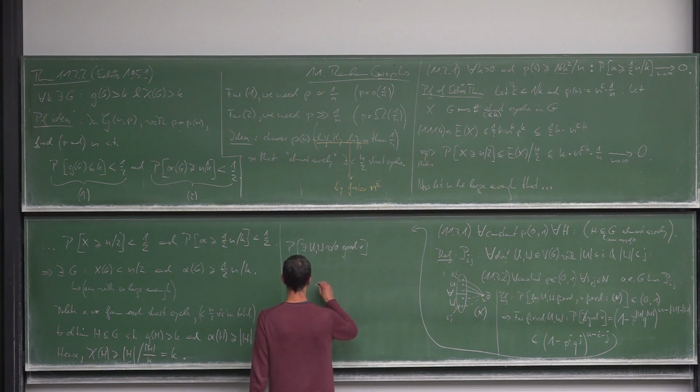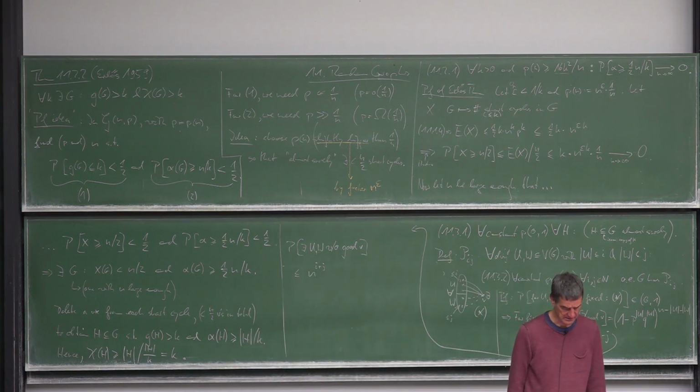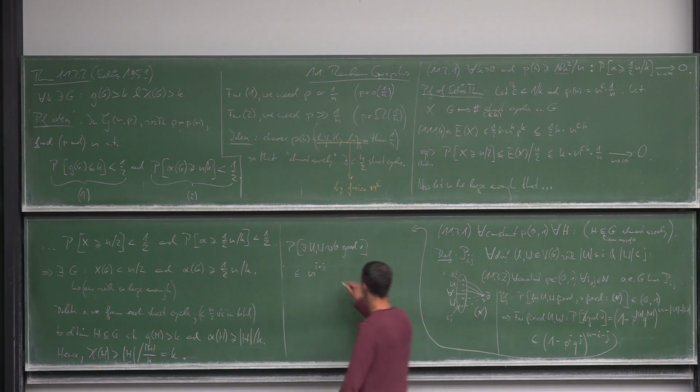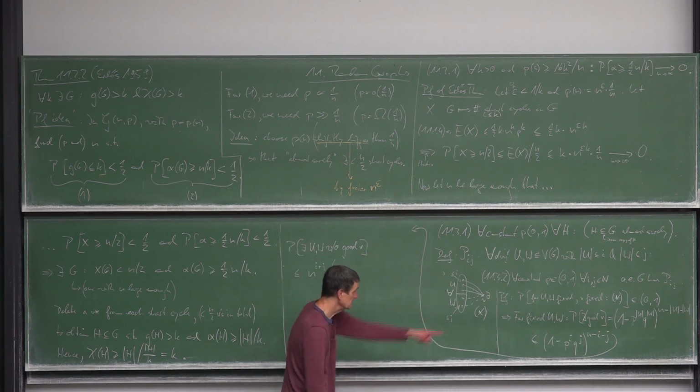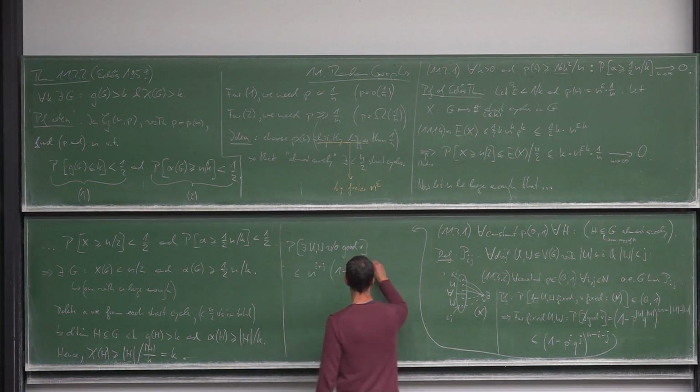Well, n to the i plus j. Times whatever that is down there: 1 minus p^i q^j to the n minus i minus j.